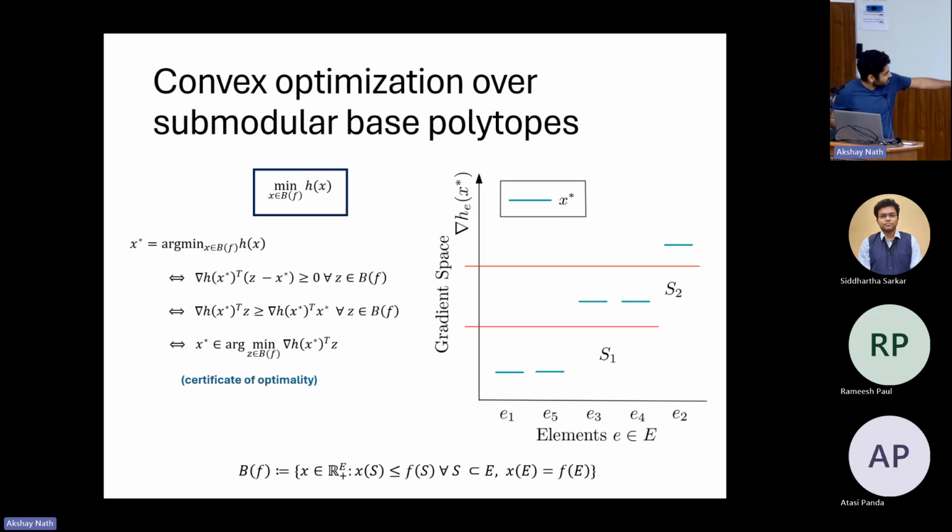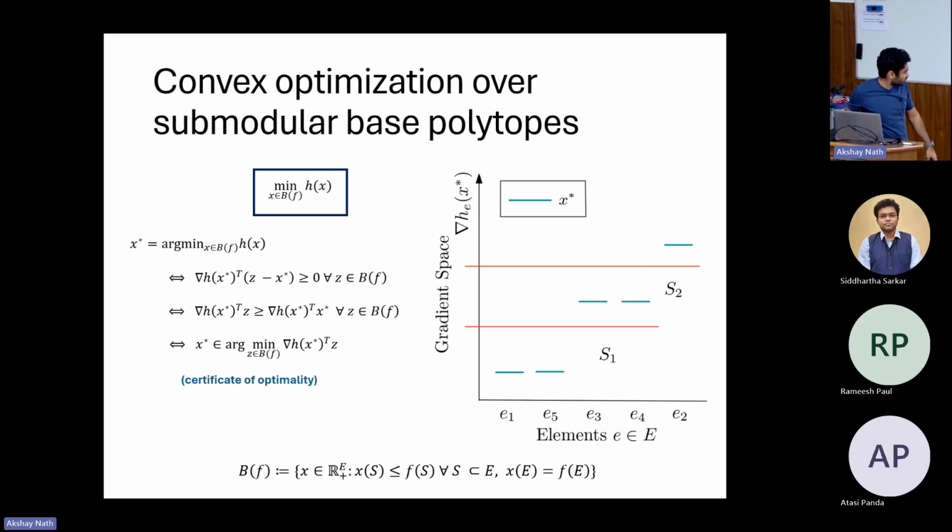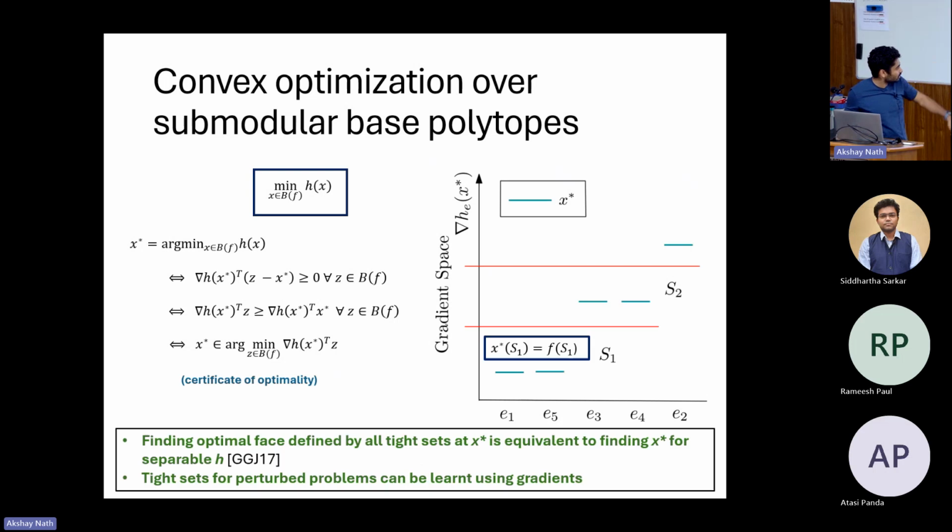For the set S1, you're going to have a tight equality there. Recall that there's a less than or equal to here, but exactly at the coordinates where your gradients are equal, you're going to have a tight equality. You're going to have another tight equality when more gradients are equal, and so on. Of course, you have a tight equality when you take all the elements, right?